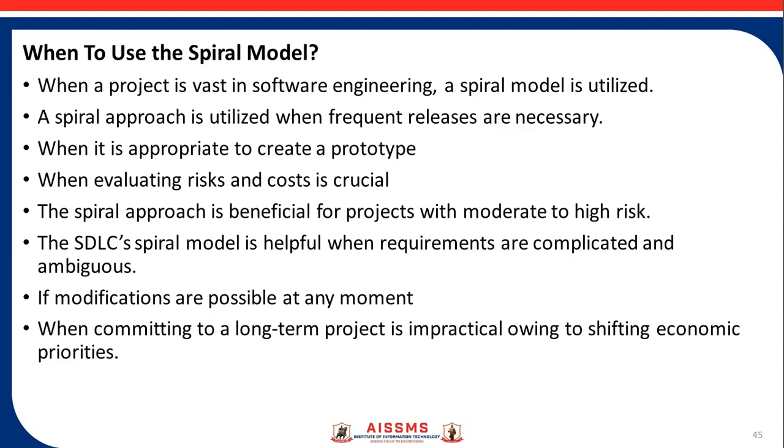In software development life cycles, the spiral model is helpful when requirements are complicated and ambiguous, if modifications are possible at any moment, and last, when committing to a long-term project is impractical owing to shifting economic priorities. So this is nothing but the spiral model.